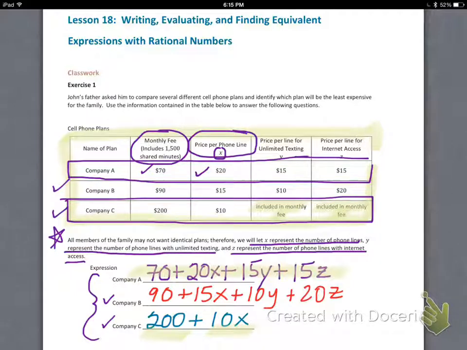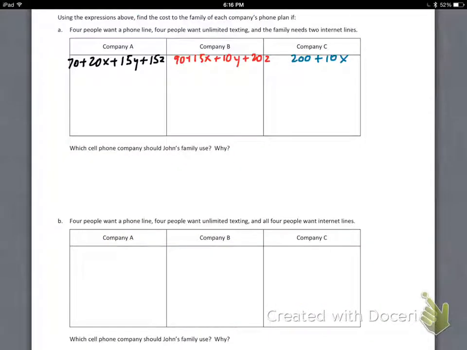So what we're going to do now is use these expressions to make some decisions and decide which company, in a number of different scenarios, would offer the best rate, would be the best value. On the next page, you will see two scenarios, A and B, and there'll be one more, C, on the other side.